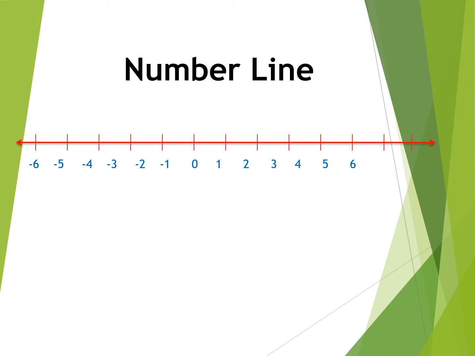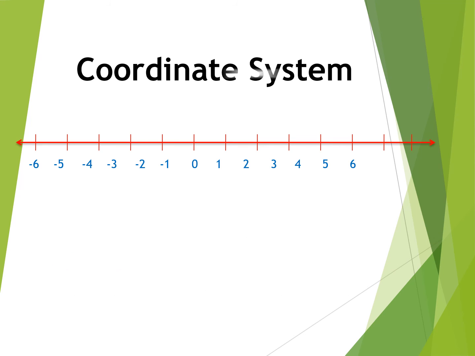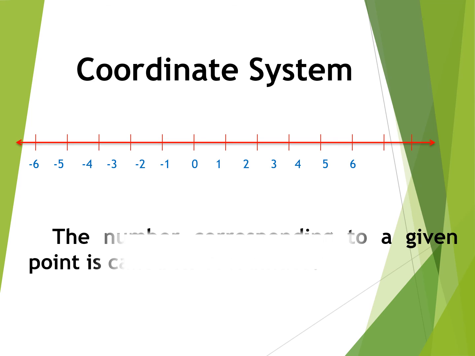The number line can be viewed as an infinite ruler that is used to measure the distance between any two points. We have also the coordinate system, the correspondence between the set of real numbers and the points on a given line.